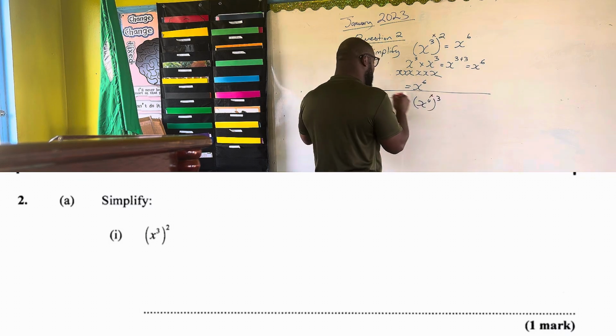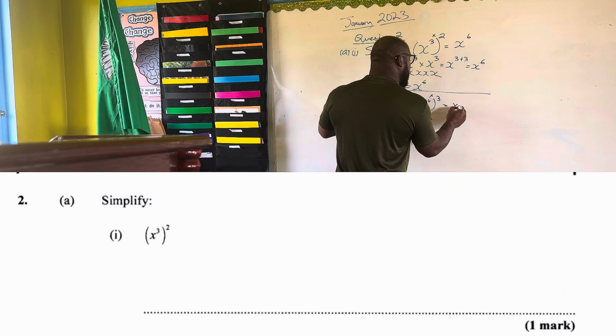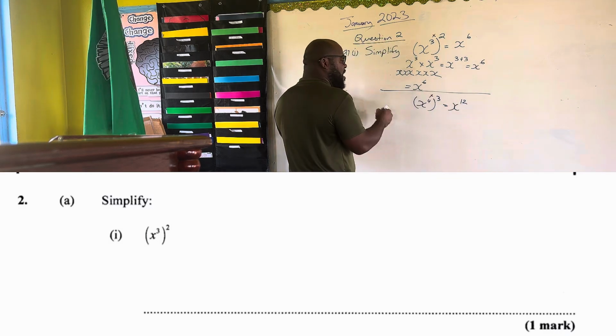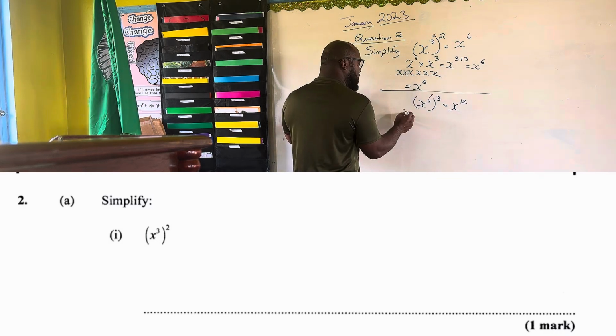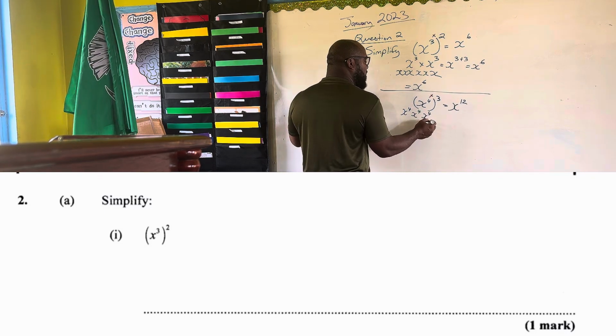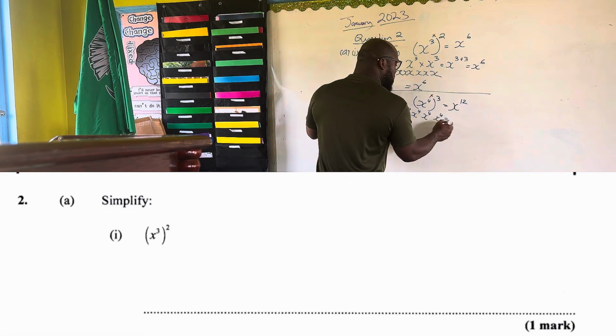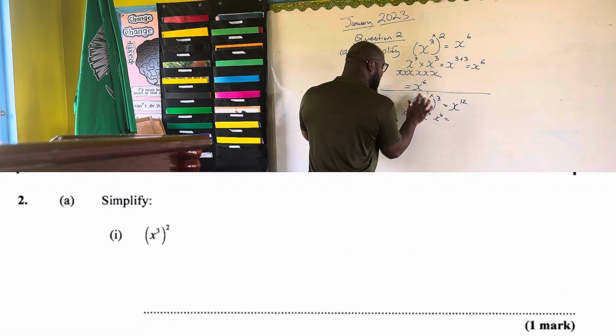Very good, which gives you x to the 12. But the other way would have been x to the 4th times x to the 4th times x to the 4th. Or 3.